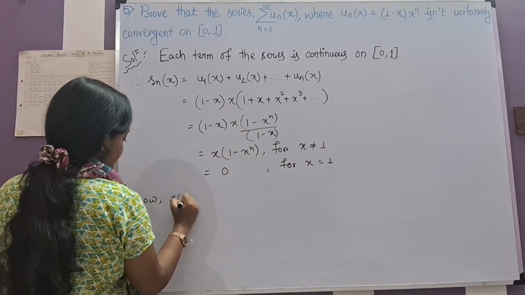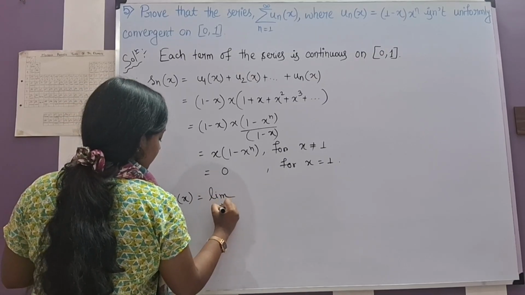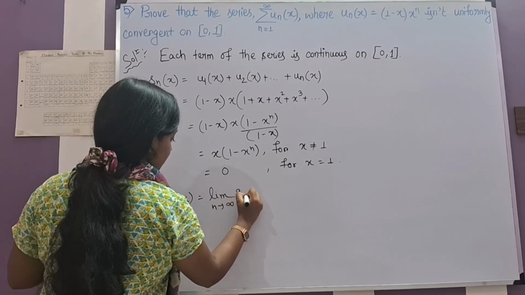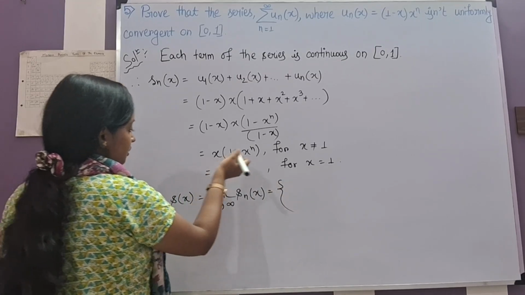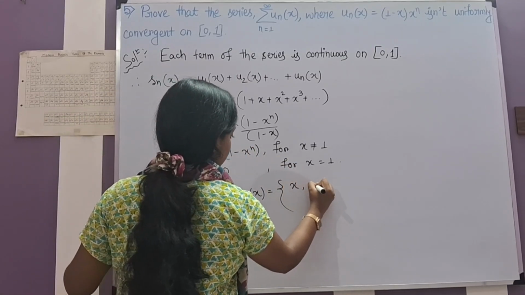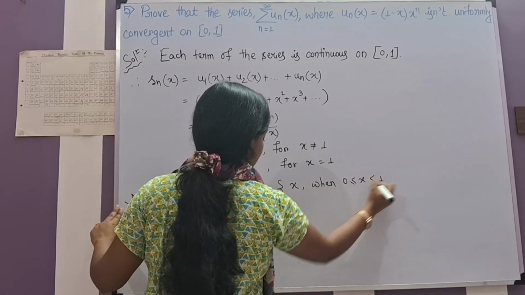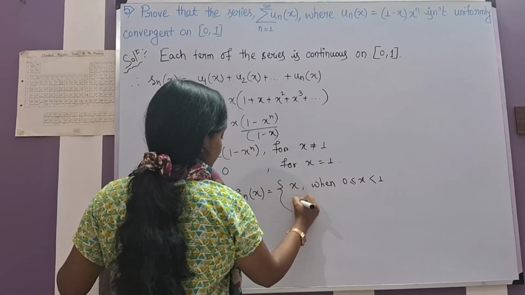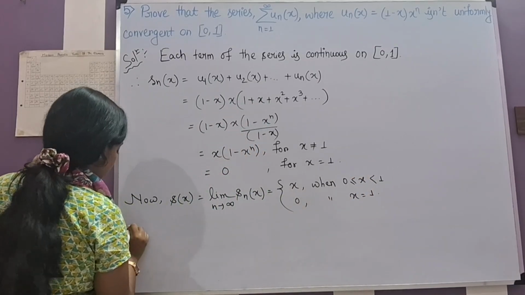Now S(x) equal to limit n tending to infinity Sn(x). So from this what we get is x when 0 less or equal to x less than 1 and equal to 0 when x equal to 1.